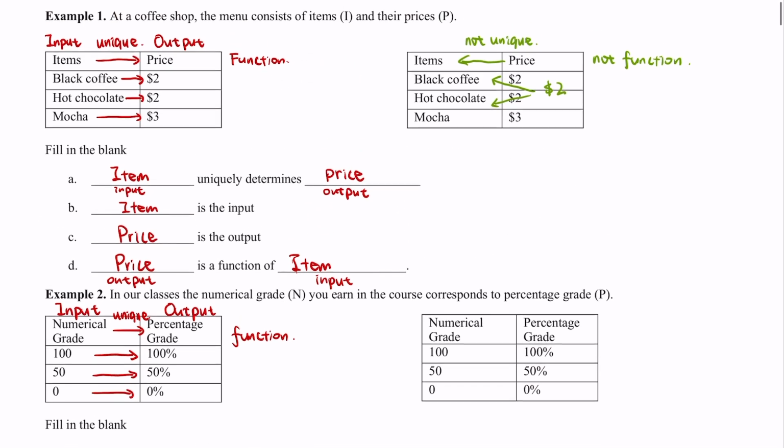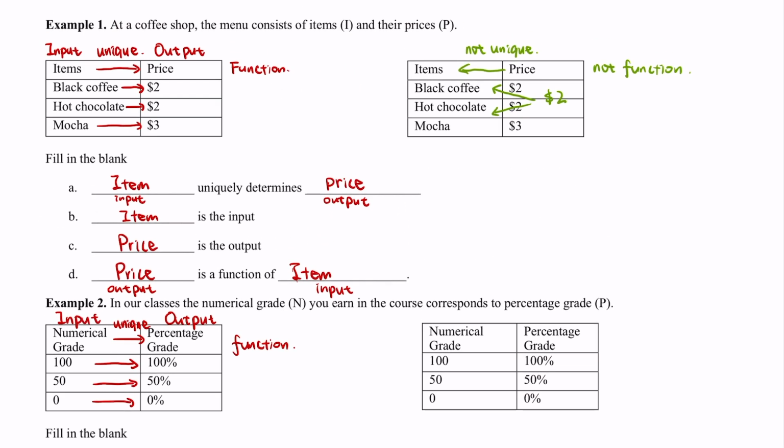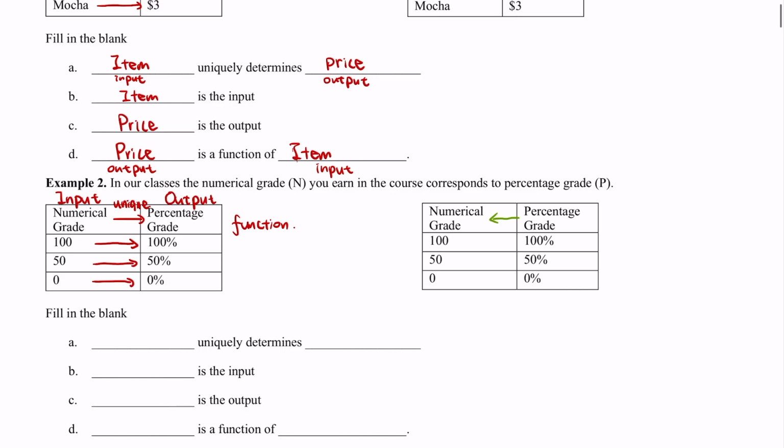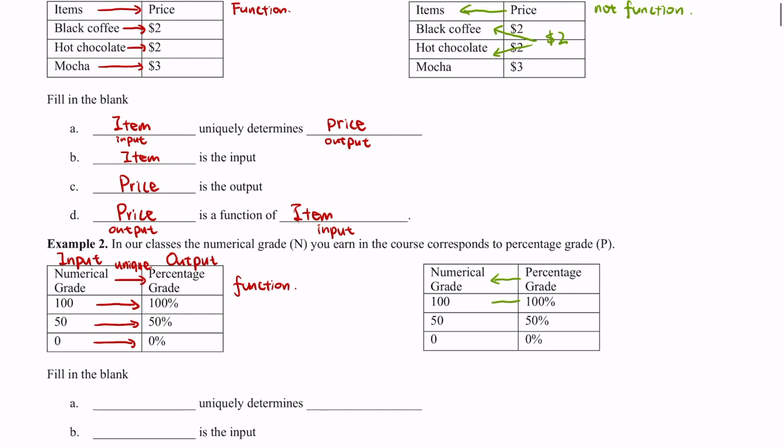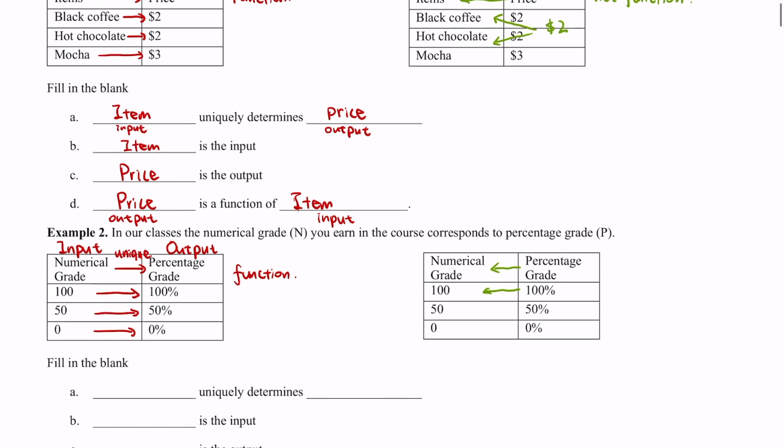And similar to example 1, I will also check the opposite direction. How about we go from percentage back to the numerical? Okay, so the percentage grade, if you got 100%, you must have got 100 points. If you got 50%, it means you got 50 points. If you got 0%, it means you got 0 points.